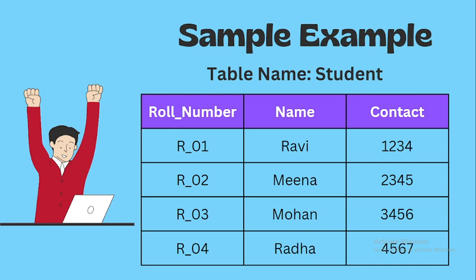Here in this example, you can see we have a table named student with 3 columns named roll number, name of the student and contact number of the student, and we have 4 records R_01, R_02, R_03 and R_04. These are the 4 roll numbers we have assigned to 4 different students.